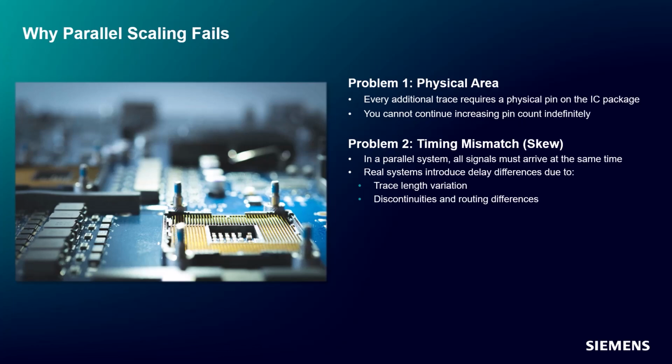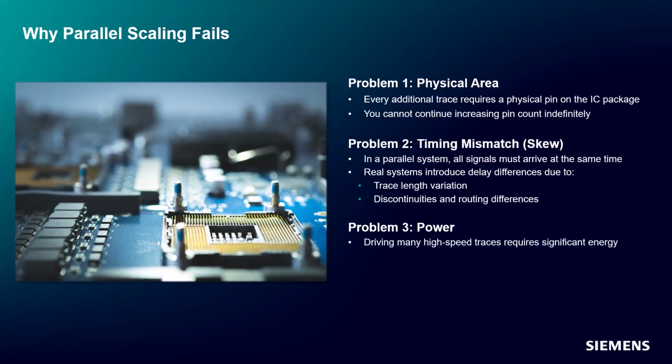At lower speeds, this isn't too much of a problem, but as you push the data rate higher, those small timing differences become significant. If one bit arrives just a little too late, the receiver might capture the wrong value. Even if every individual trace is behaving correctly, the system as a whole can fail because the bits are no longer aligned in time.